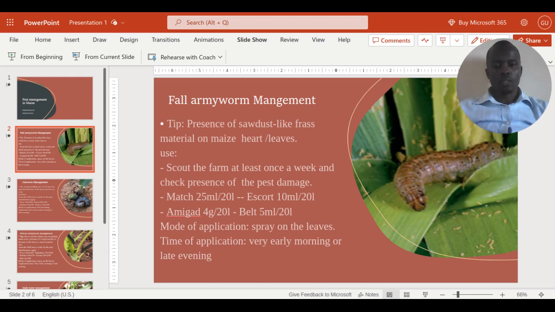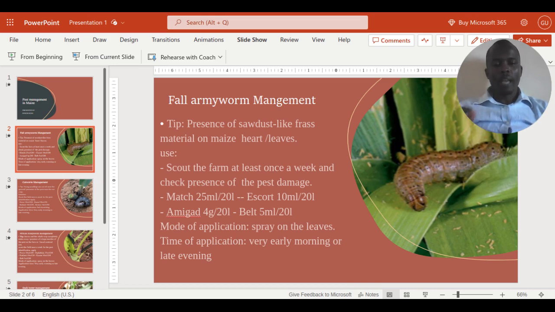Then the mode of application: because most fall armyworm feed on the leaves of the crops, you need to spray on the leaves. Then time of application, apply very early in the morning or late in the evening. And I will always prefer late in the evening, because the majority of these insects feed on the crop during the night.